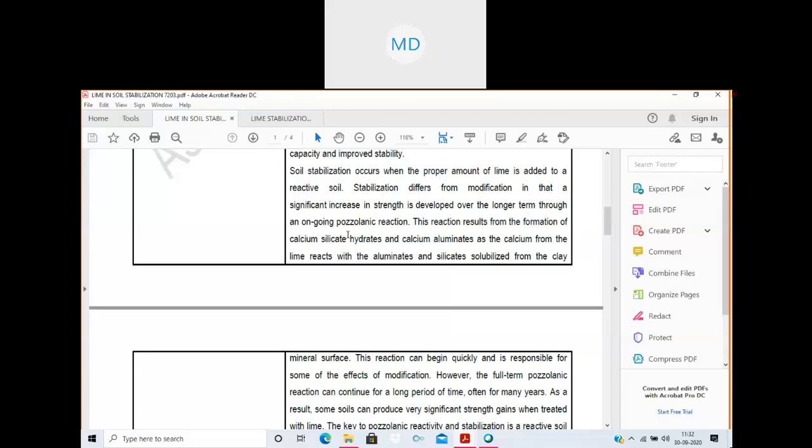This reaction occurs when we add lime to the soil, and results from the formation of calcium silicate hydrates and calcium aluminates, as the calcium from the lime reacts with aluminates and silicates solubilized from the clay mineral surface. Can anybody tell me what are pozzolana or pozzolanic content?